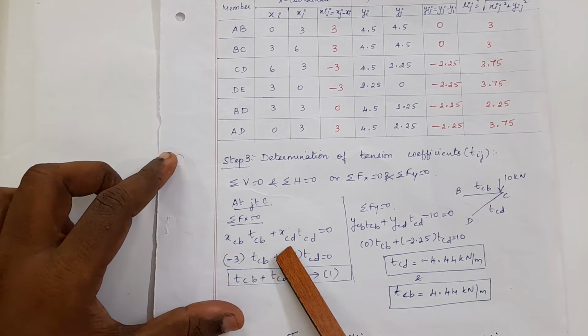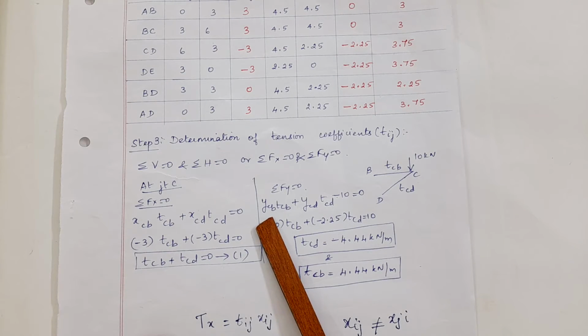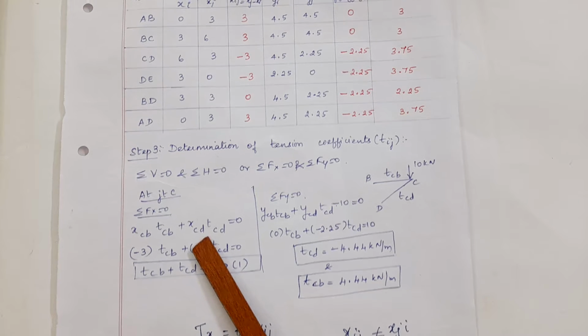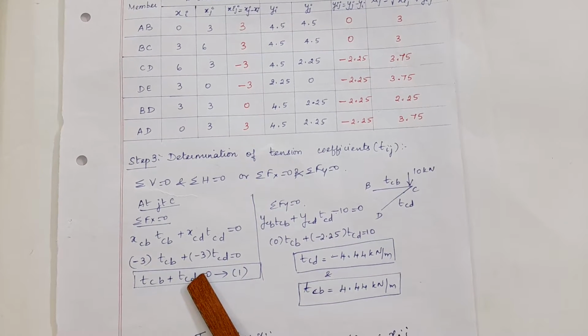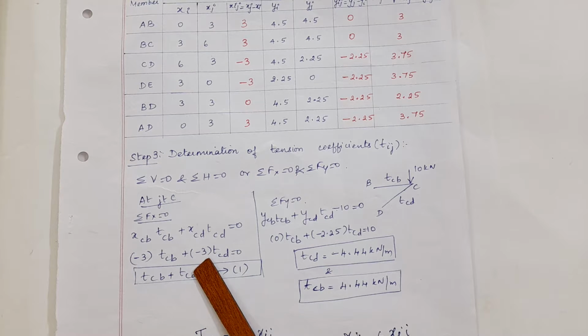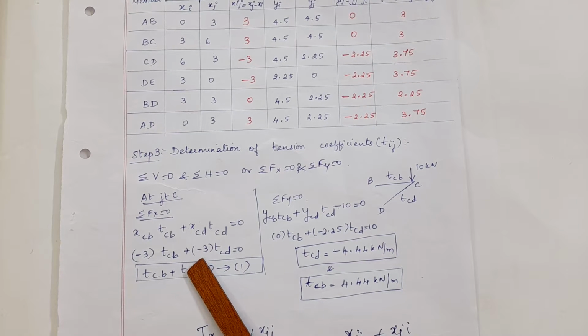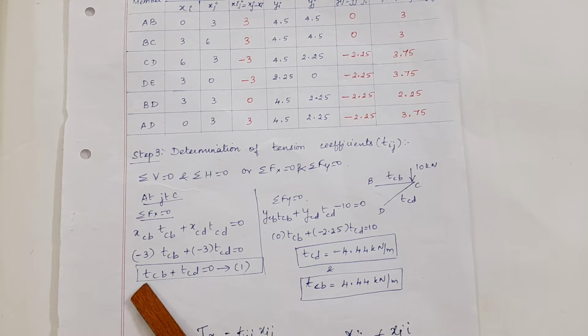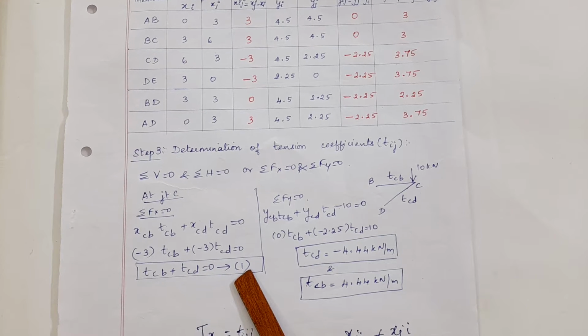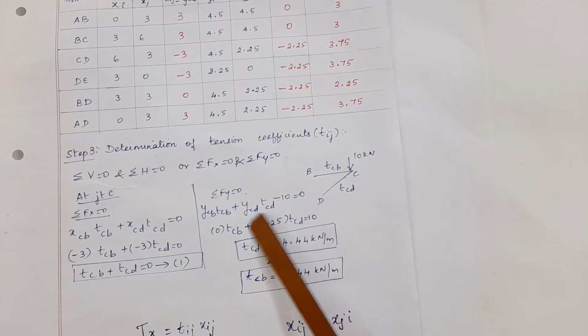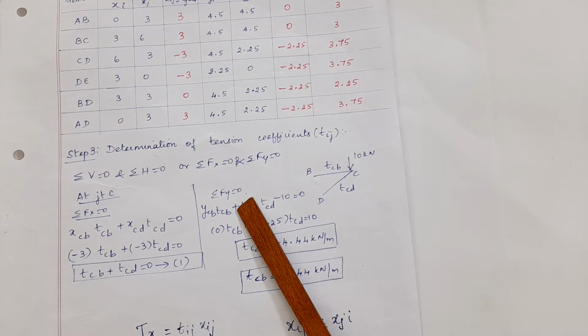It has become minus 3. CD is directly calculated in this tabulation as minus 3, so I can take that value and put it here. I have taken only the x coordinate, Xij. Tension coefficient values are unknown, so I have formed a relation, and finally I will solve to get the tension coefficients.